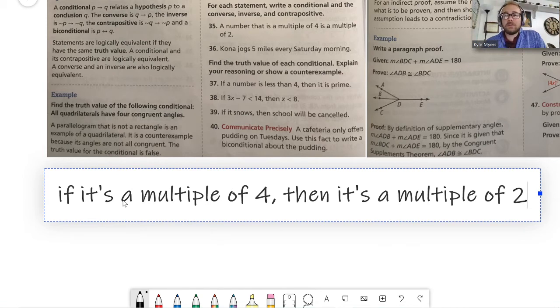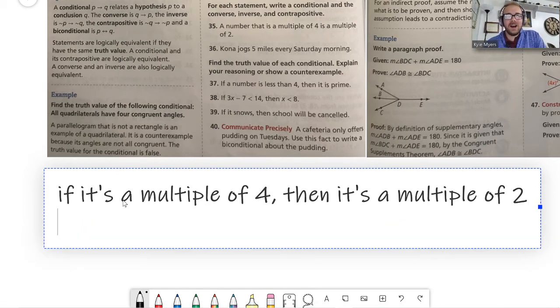Anyways, so if you want to write this as the converse, remember converse shoes, left on the right, right on the left. So you still start with if, you always start with if, and then you always have the hypothesis, or the conclusion, after the then. So you always do that. So those words stay the same, you just flip the phrases. So if, and I'm going to do some big brain stuff here, watch this.